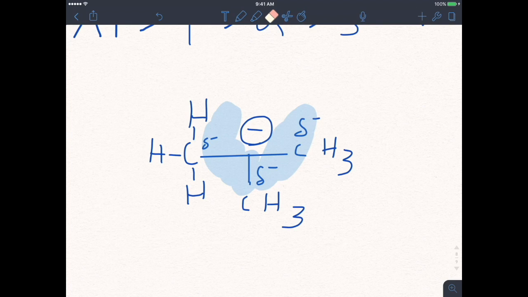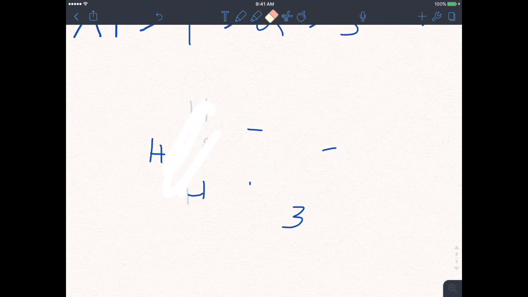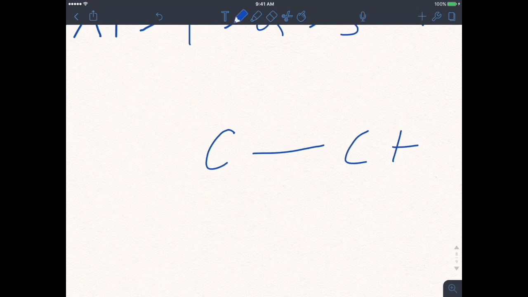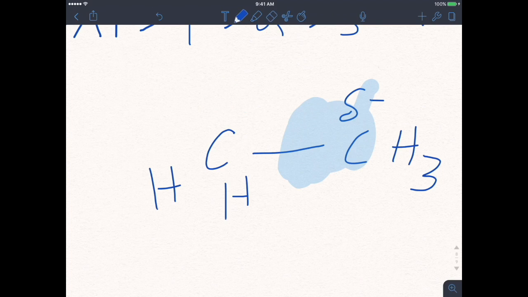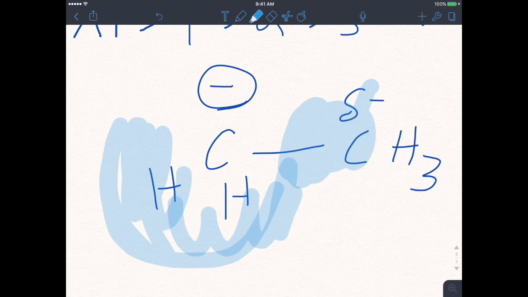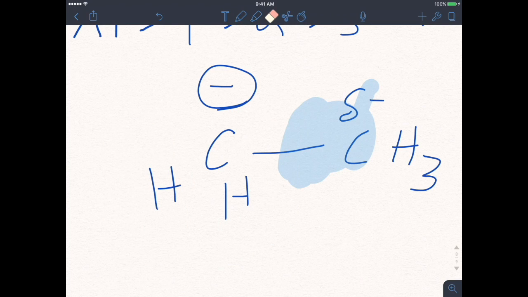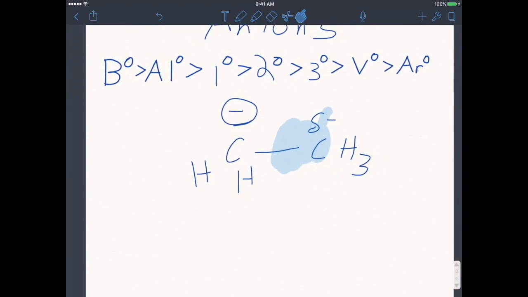Now let's do a primary carbon, C to CH3, and H, and positive. So here we still have a partial negative there, but it's not as much as last time. So it's not nestling that positive charge as well, so it's not very stable. But this is good for a negative charge because it's not repelling it as much as 3 attacking it from the other side would. So instead you only have 1, which makes this the most stable negative charge, or anion.